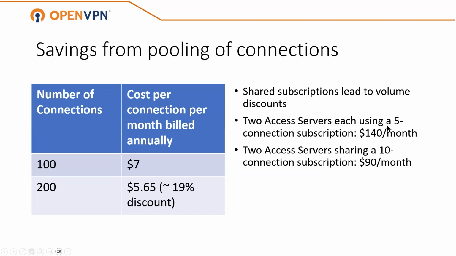And similarly, you see our volume discount coming into effect as you increase the number of subscribed connections, from $7 per connection, it gets reduced to $5.65 per connection for 200 connections.